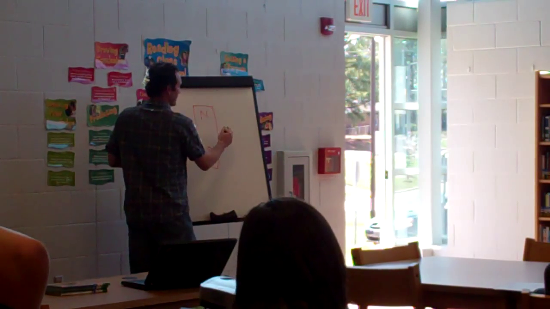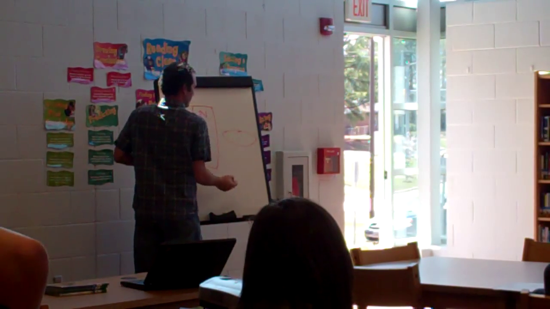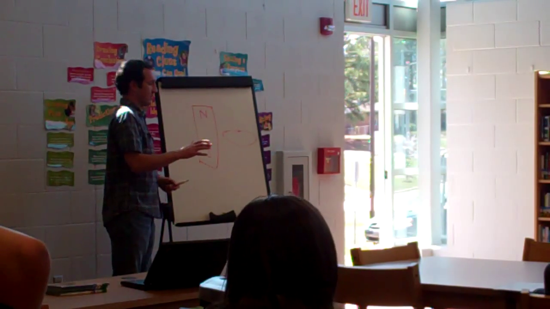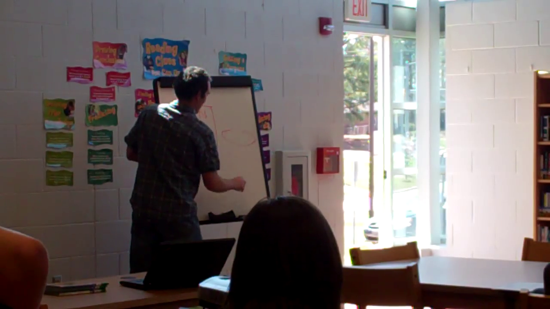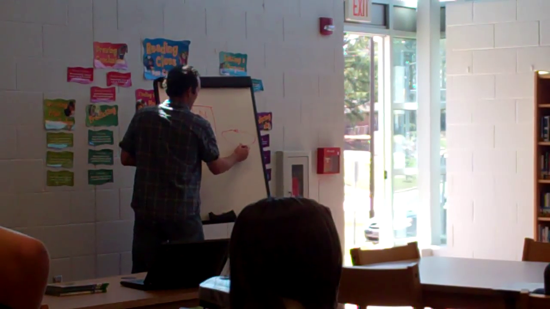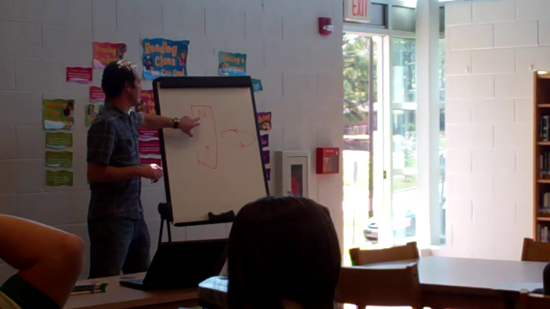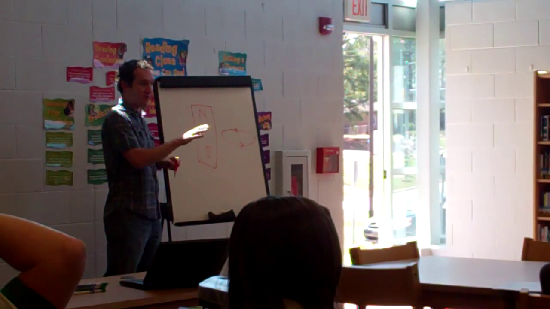This bar magnet has the same kind of magnetic field as a current loop. I just drew the direction the wrong way, but the direction doesn't matter. In other words, these two things are the same. If you have current passing through this loop, you get a magnetic field.